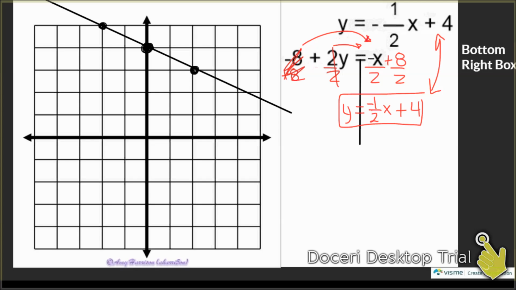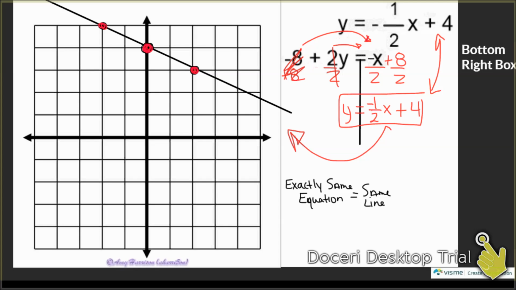So if I graph my second equation on the graph, it's going to give me the exact same line that I already have. If I put my first point, it's going to be at positive 4. Then I would move down 1, right 2. Then I'd move up 1, left 2. And it's the exact same line. So let's write this down in this box. This is the important takeaway from this box. If you end up with the exact same equation, that means it's going to be the exact same line.